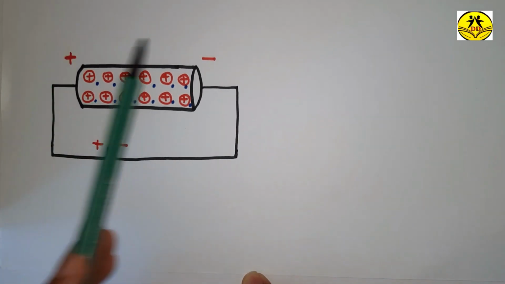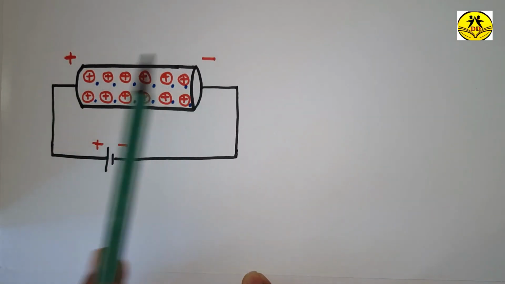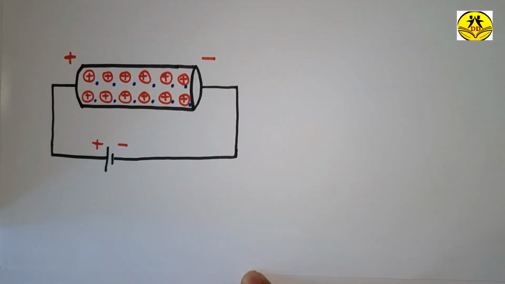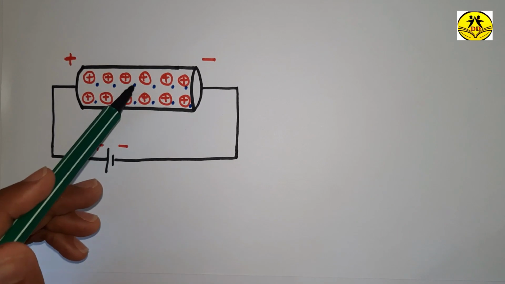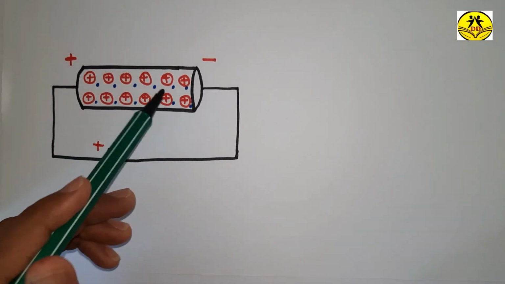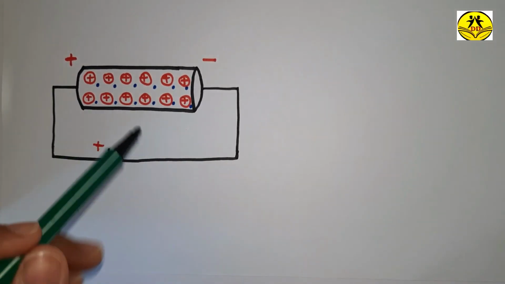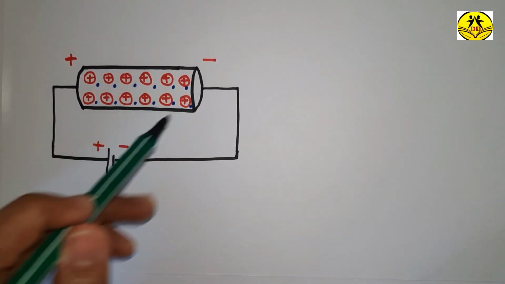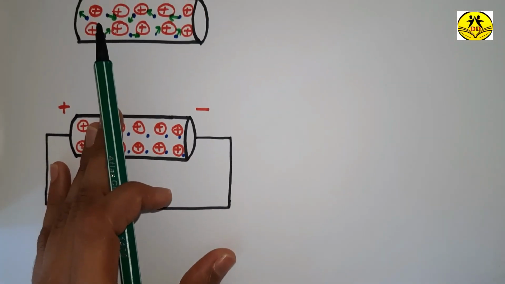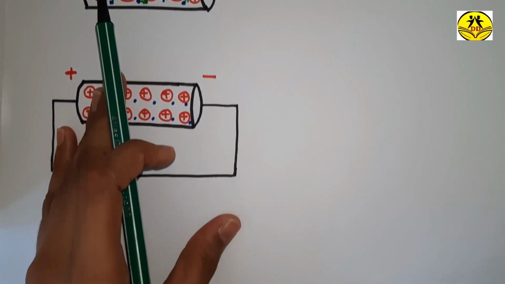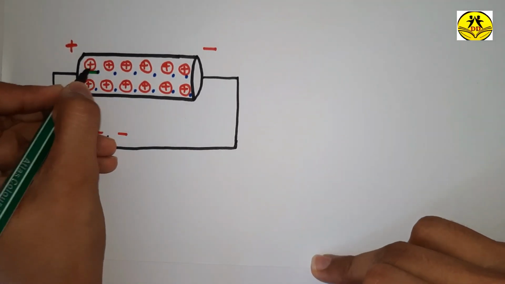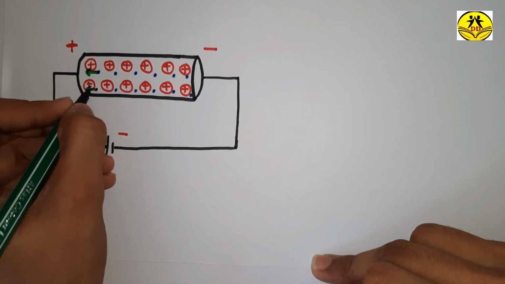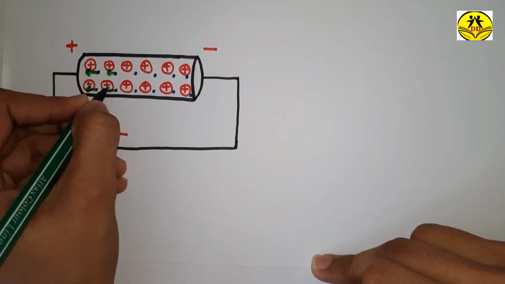This potential difference creates an electric field. So this electric field creates forces on these mobile electrons. So these electrons which were moving randomly earlier now start to accelerate against the field, means towards the negative terminal of the battery.